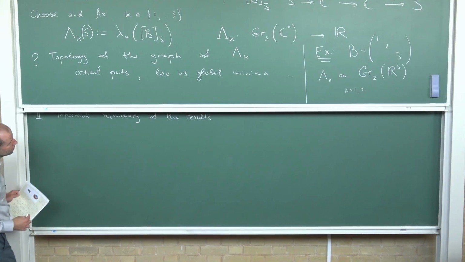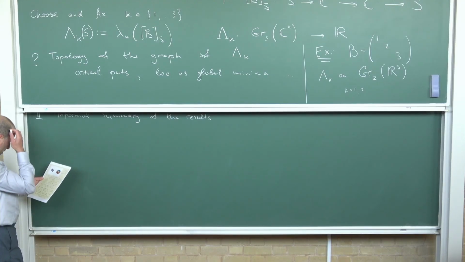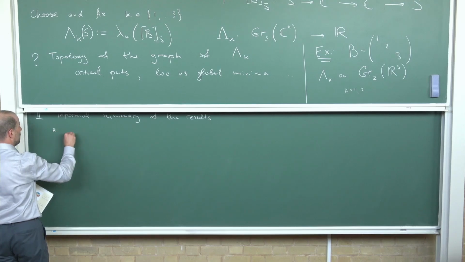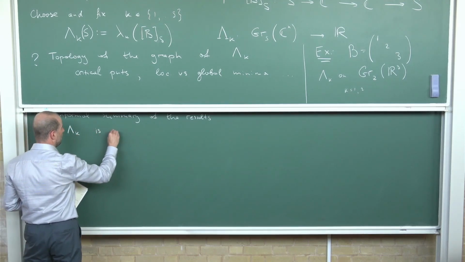The backboard is not very usable. So first of all, we find that lambda k is a perfect Morse function.